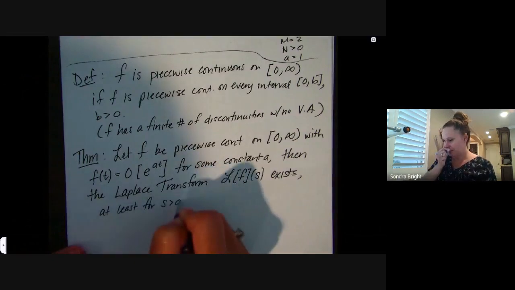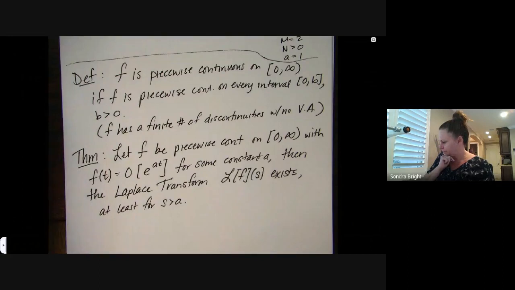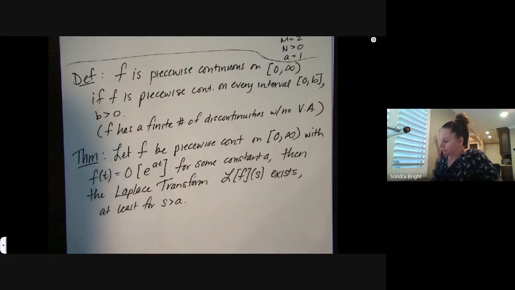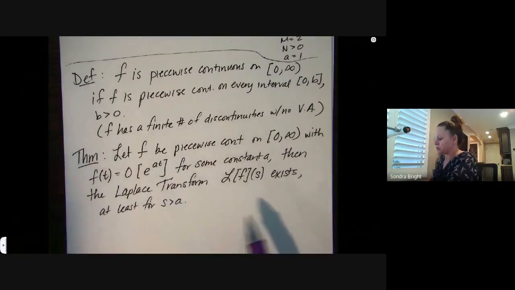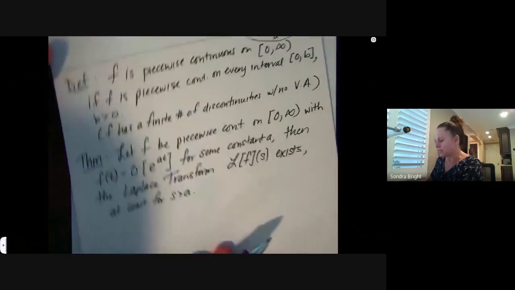All right. So this is a sufficient condition, not a necessary condition. That makes sense. It's not that this has to happen. The Laplace transform can exist if it's not true, but this is a sufficient condition to know that it exists.